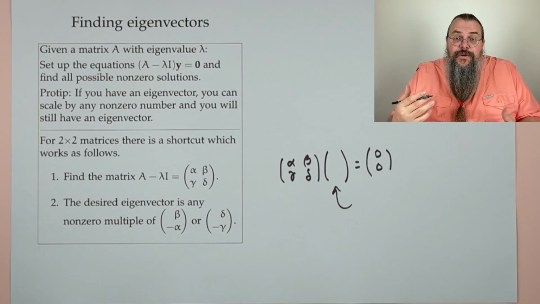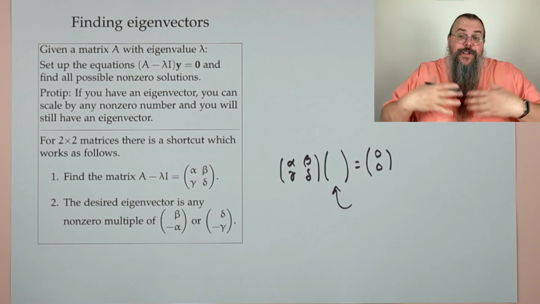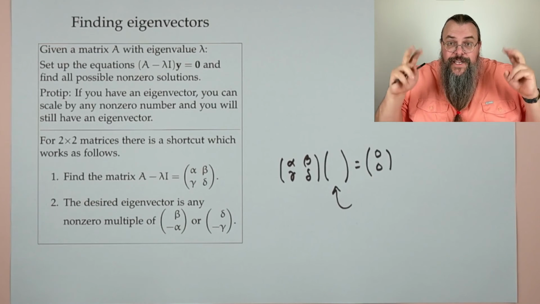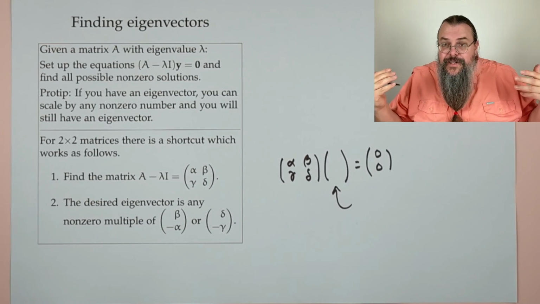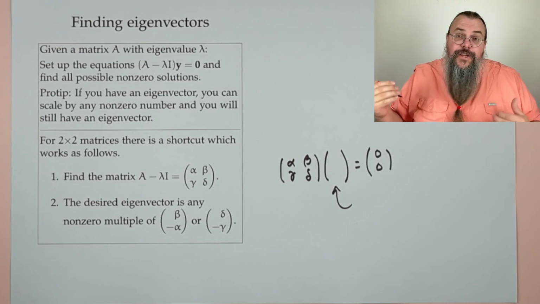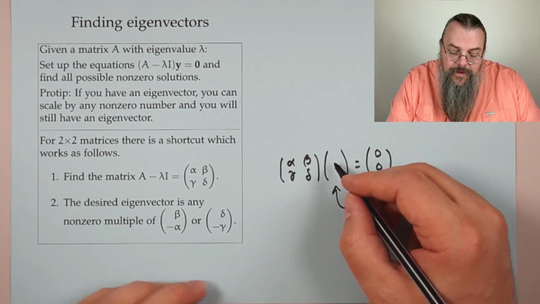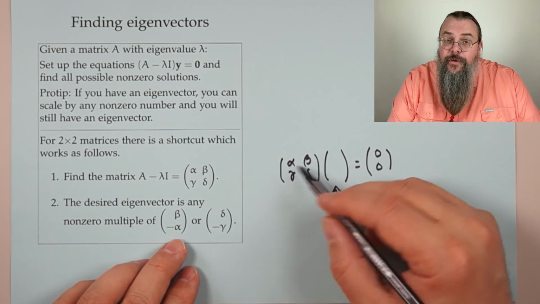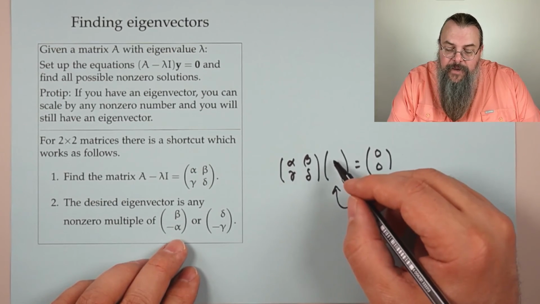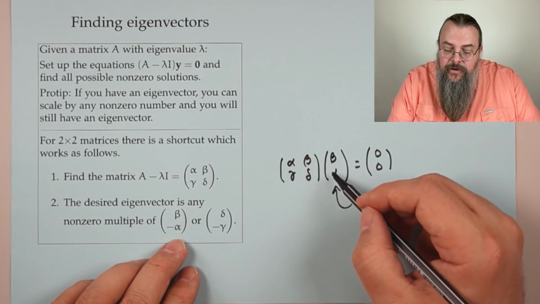So what you can do is take advantage of the fact that things are sort of breaking down. As long as I can knock out one row, it should knock out the other row simultaneously. So what can you do? Well, the claim is, pick a row. Doesn't matter which row. Write it backwards. So I'll write beta alpha. And now flip a sign.